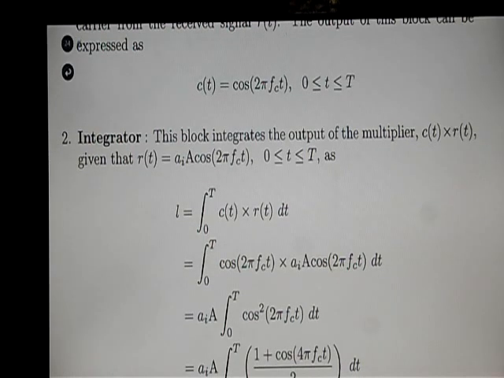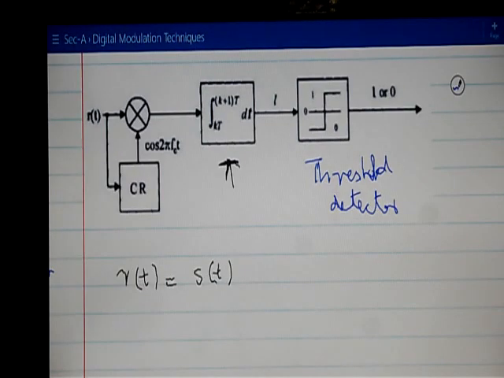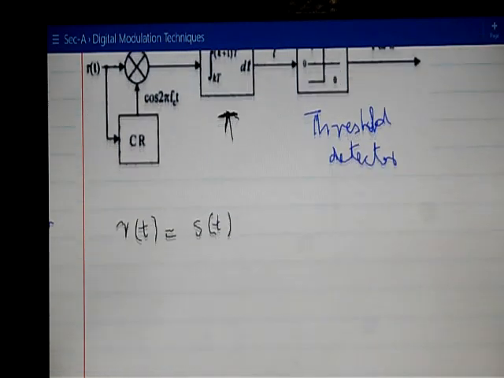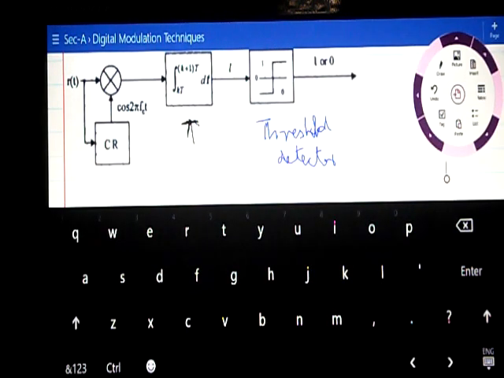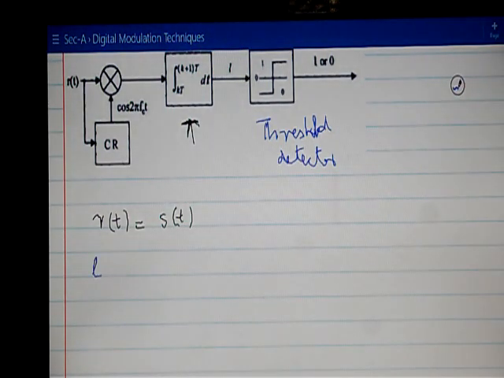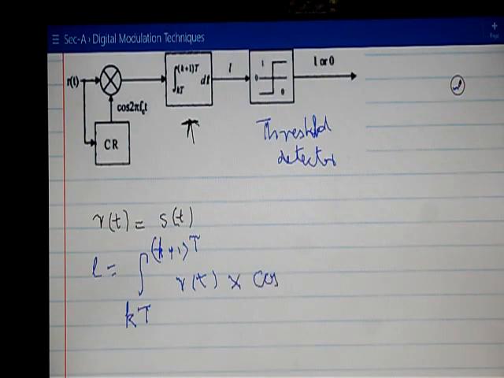Let me integrate this signal. So we have L, and this L is from K times capital T to K plus 1 times capital T of the product R of t multiplied by cos of 2 pi fct, right?